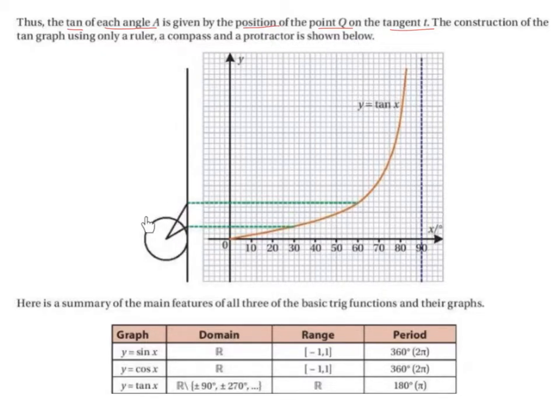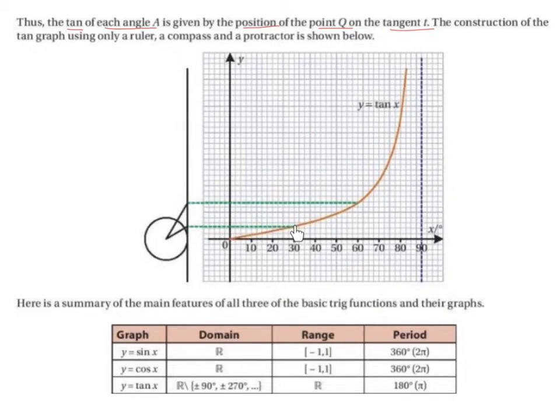So we have the unit circle, the center of the unit circle, which is the origin, lines up with the x-axis. We start at 0 degrees, we go up as far as 90 degrees. We draw a line from the center of the circle to the tangent, and when we touch the tangent, we draw a line across to that angle.